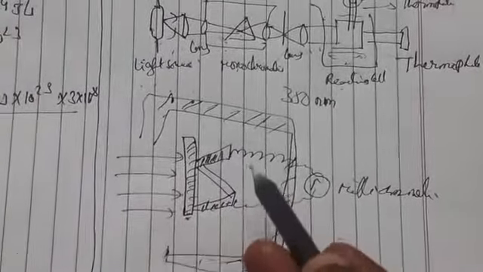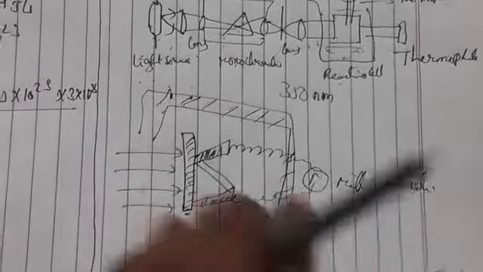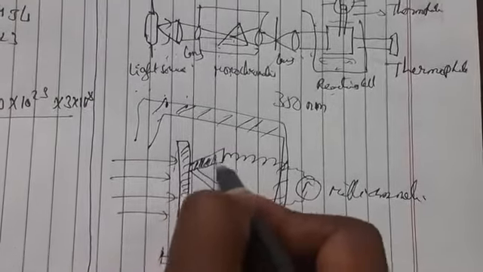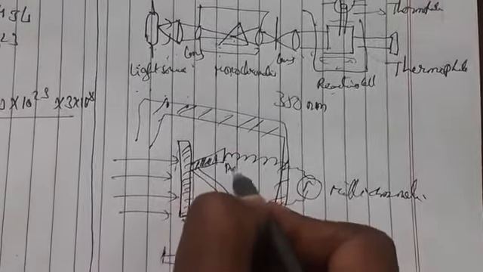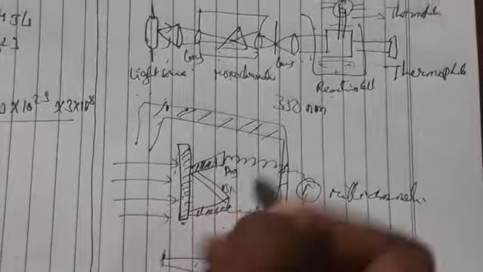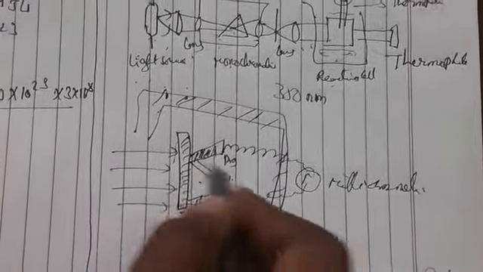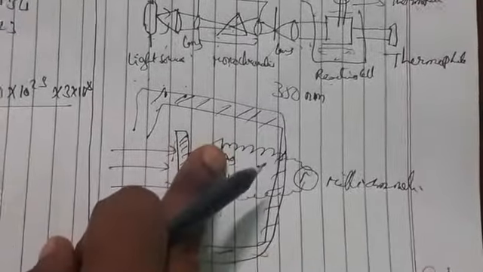Now let us see about this thermopile. It consists of a number of thermocouples joined in series. A thermocouple consists of two rods, one silver and one bismuth, joined together. One set is blackened, so it will absorb all radiations.